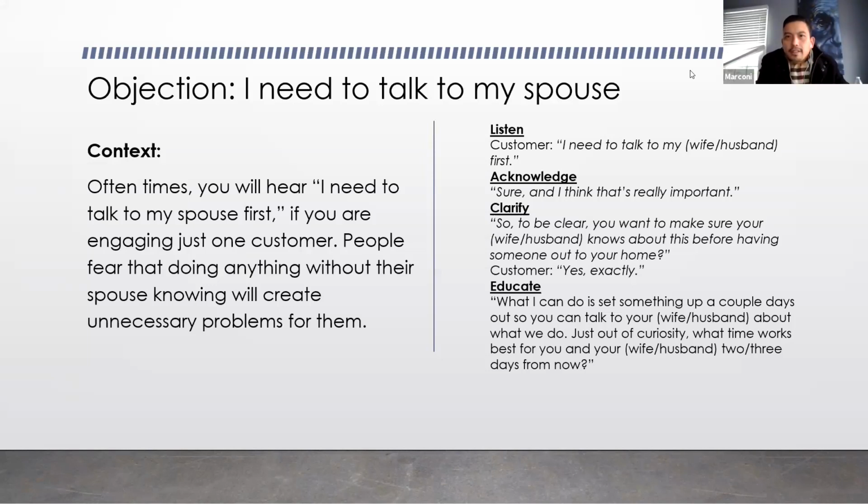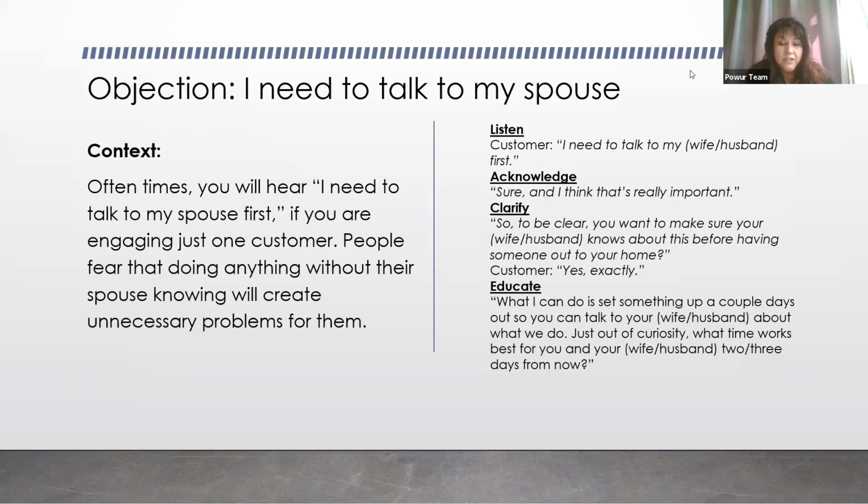Okay. I need to talk to my wife first. Sure, and I think that's really important. So to be clear, you want to make sure that your wife knows about this before having someone come out to your home or do a consultation with you. Yes, exactly. Awesome. Well, what I can do is set something up a couple of days out so that you can talk to your wife about what we do.